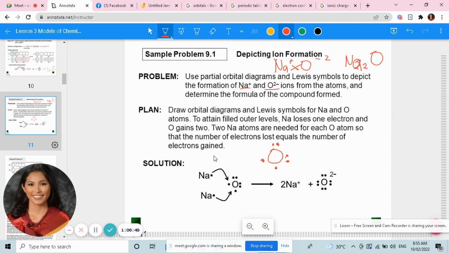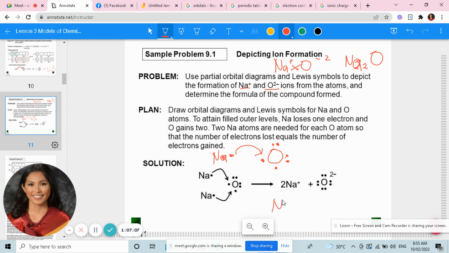Then sodium has only one valence electron, so it will not be shared; it will be transferred.